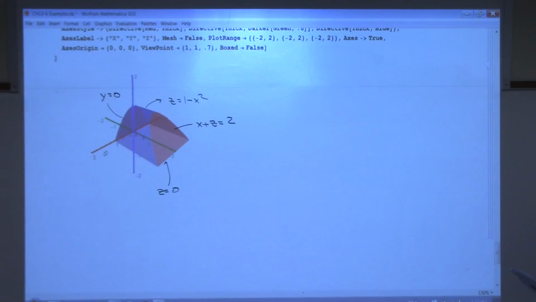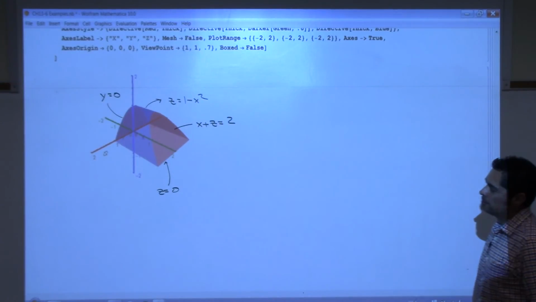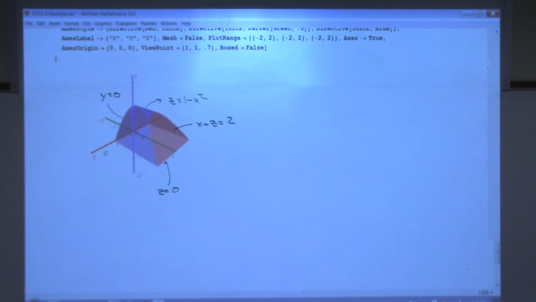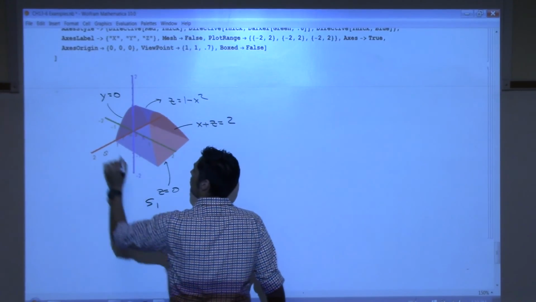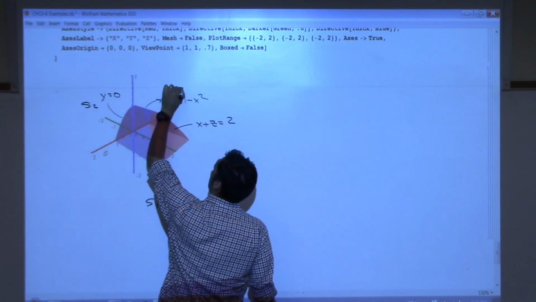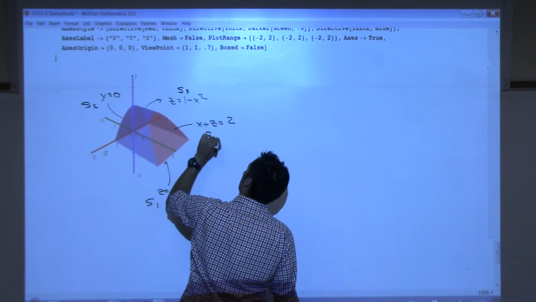I didn't do this one. All right, so where do you want to start? Let's do the bottom. Okay, let's label these. I'll just go clockwise. S1, S2, S3, S4.